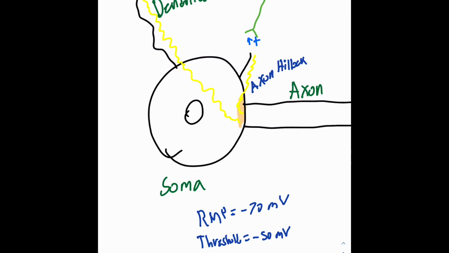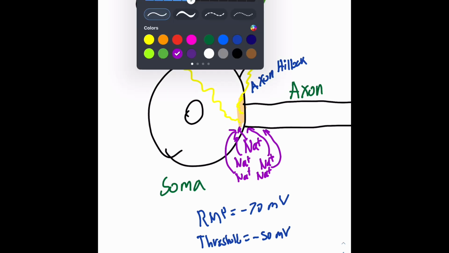Let's go ahead and go with this. So sodium channels just start opening up dramatically because there's a lot of them present within the axon hillock. So a lot of these sodium ions start going inside. And as a result, it brings the voltage up much higher from the negative 50 millivolts.